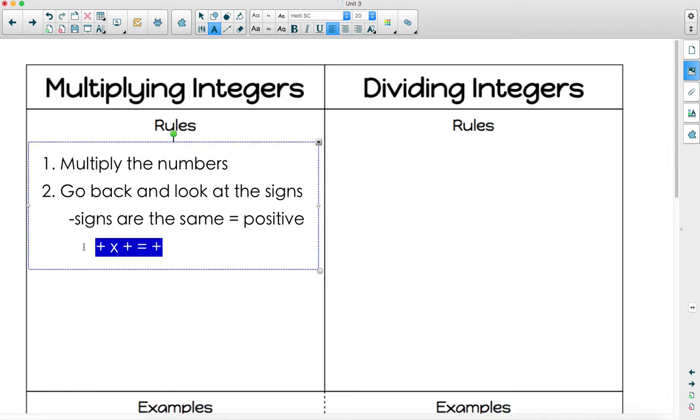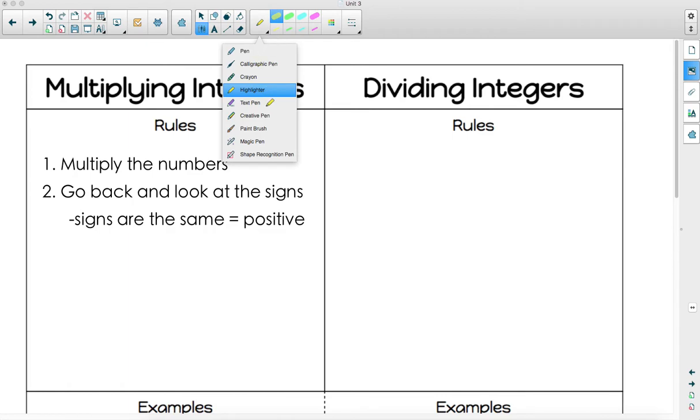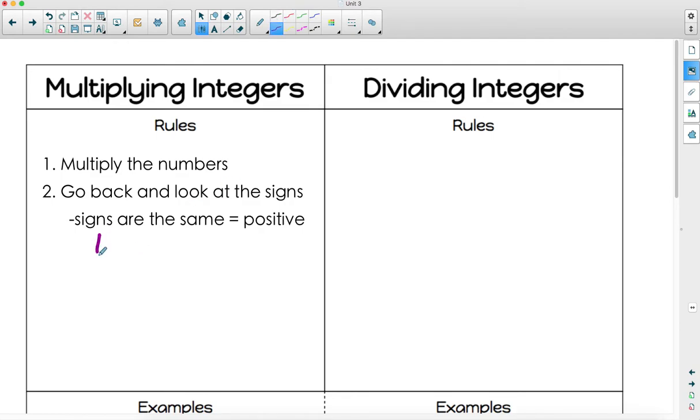Actually, I'm going to write this out because it'll take up less space, but I do want you to write all this down. We know that if we multiply two positive numbers, it's going to equal a positive. This is what you guys have been doing since 3rd grade when you learned to multiply. So a positive times a positive equals a positive.